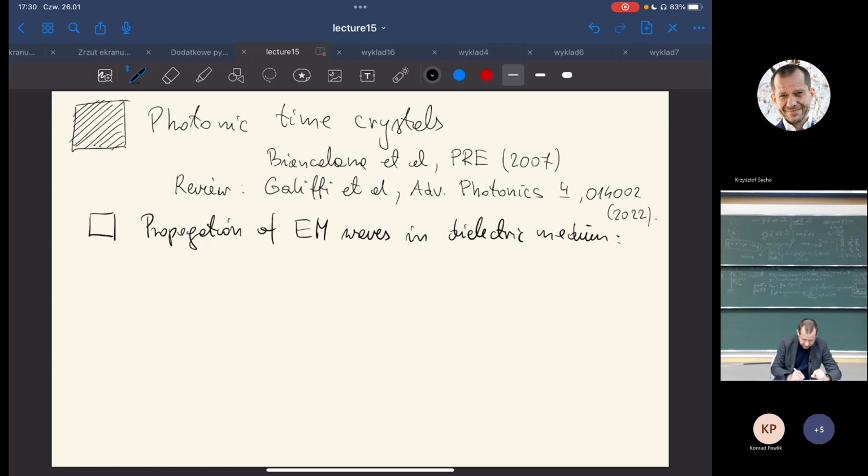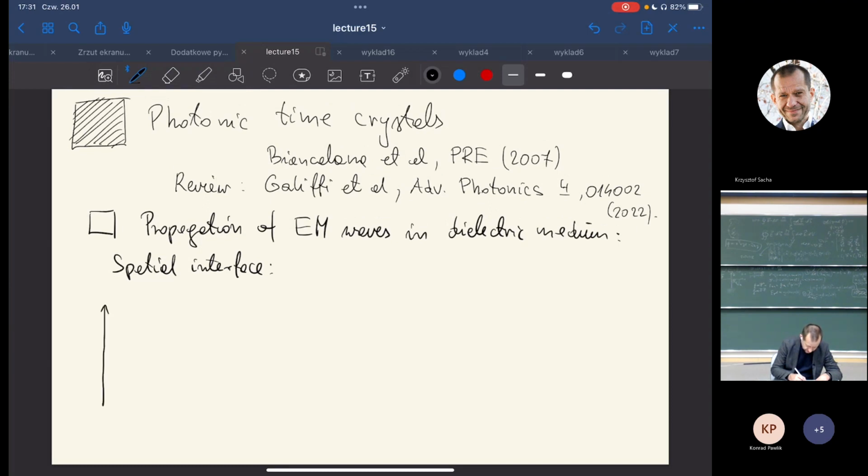Okay, so now let's consider the so-called spatial interface.